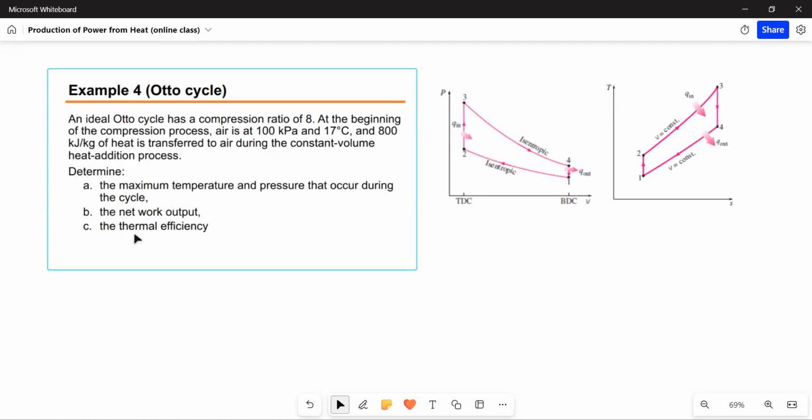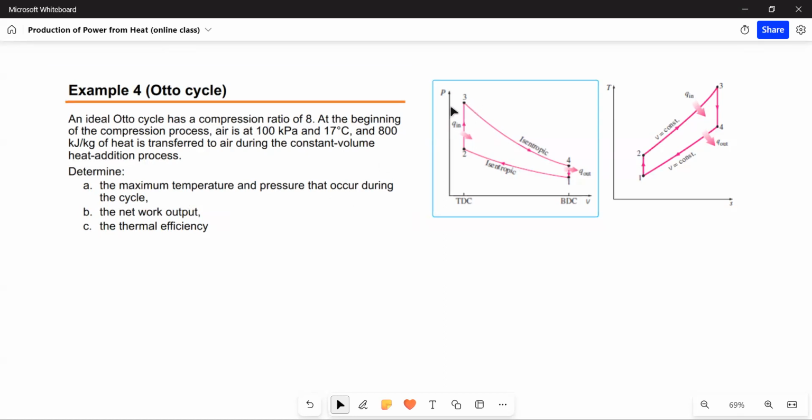and the thermal efficiency. So in solving problems dealing with the air standard power cycles, even the Brayton cycle and the jet and rocket engine cycle, it's better for us to know the process at each step of the cycle.